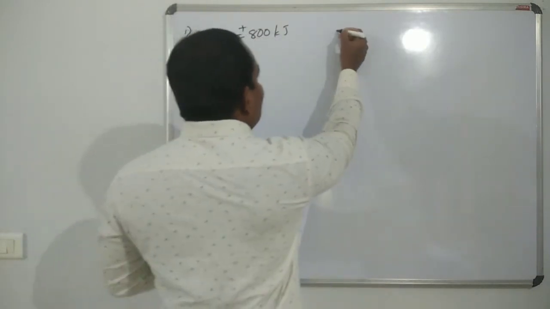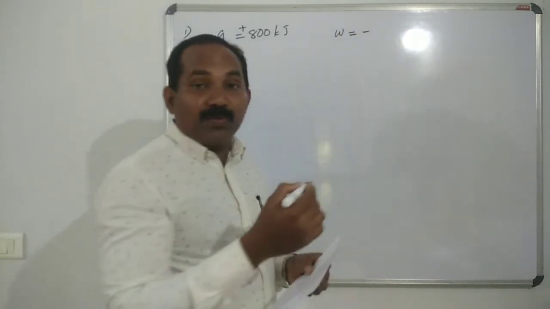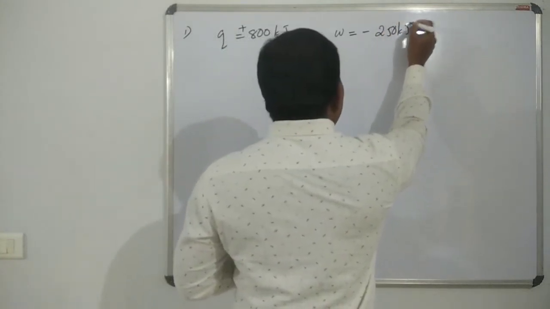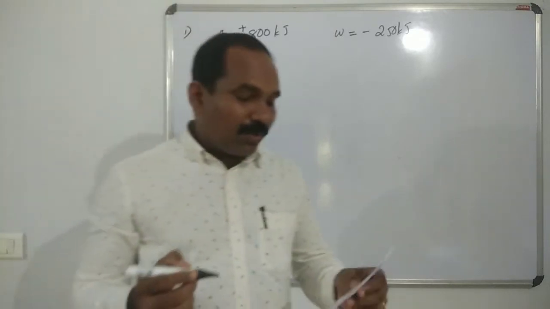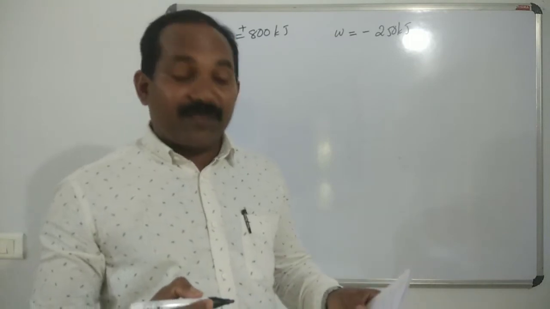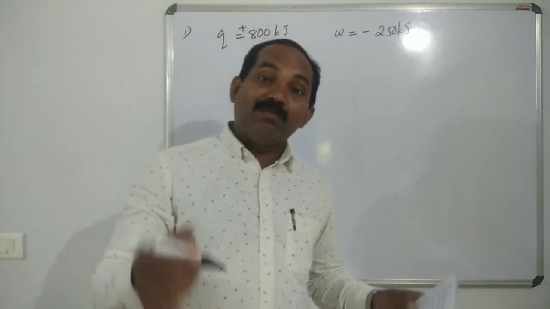And it also does work. That means the system does work, that's why we put the minus sign: minus 250 kilojoule. So Q is equal to 800 kilojoule and W is equal to minus 250 kilojoule, because the work is done by the system.